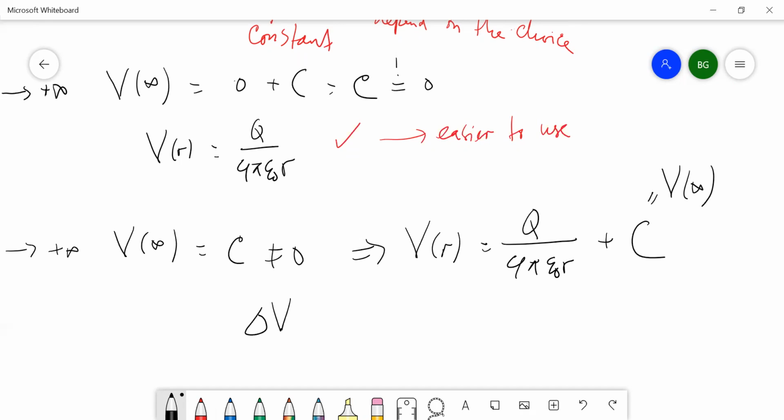The value of C is not so important in this case, because in a voltmeter you measure only the potential difference. That's why if we talk about potential, you also need a point of reference. So for a charged point particle, usually we use this one. But in problems, for example in the exam, we could also set C non-zero. It depends. Any question?